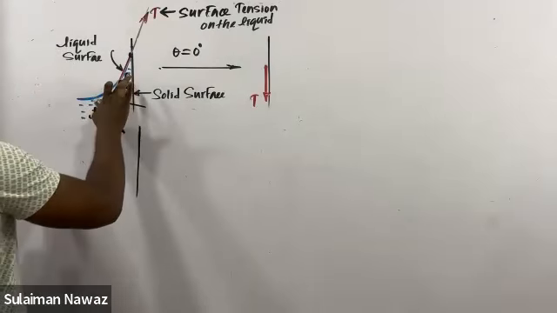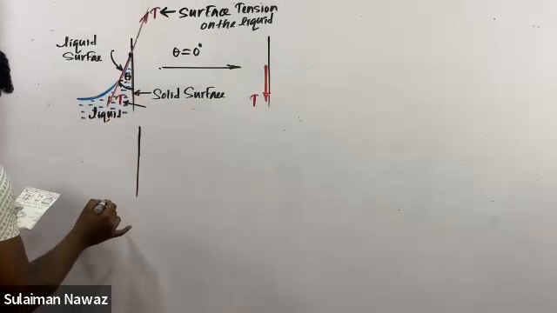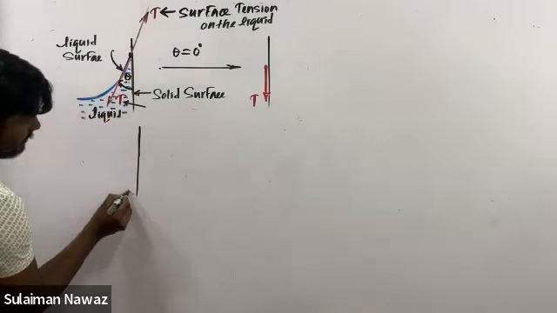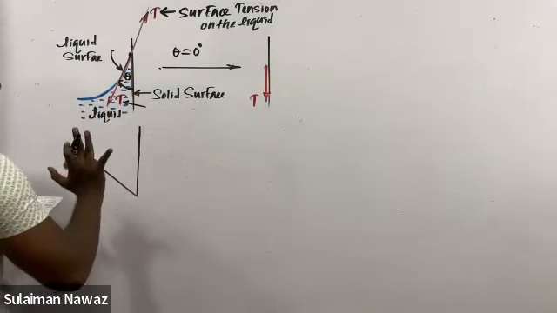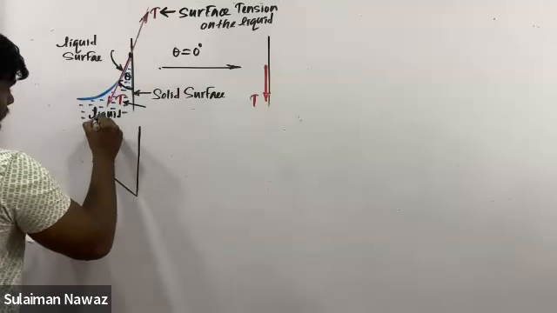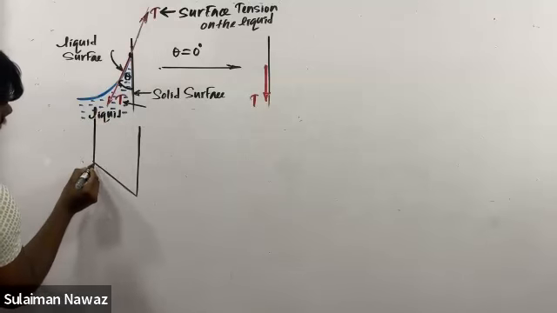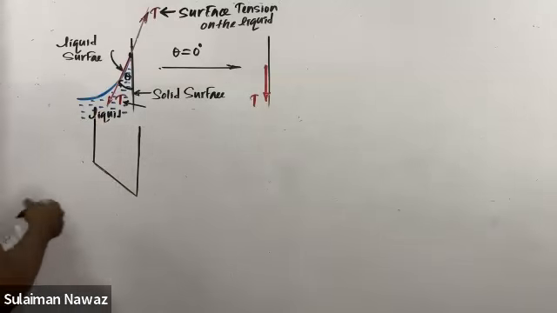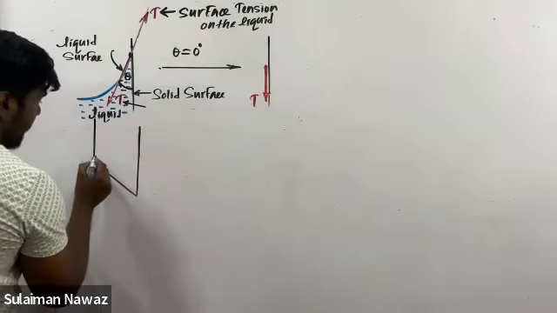Now angle of contact is less than 90, acute angle. Then how would this liquid surface be?